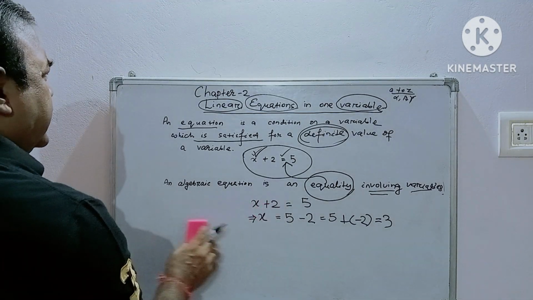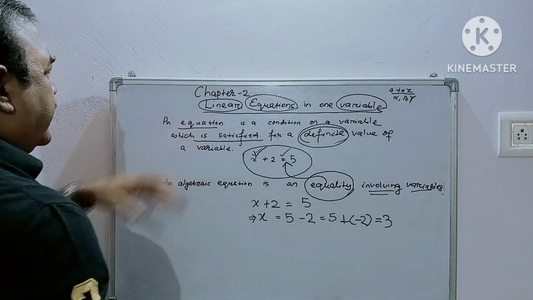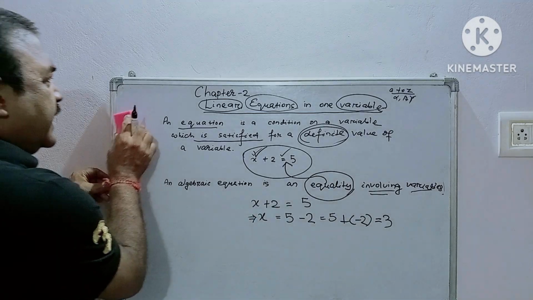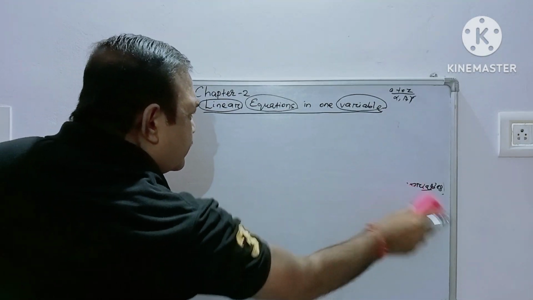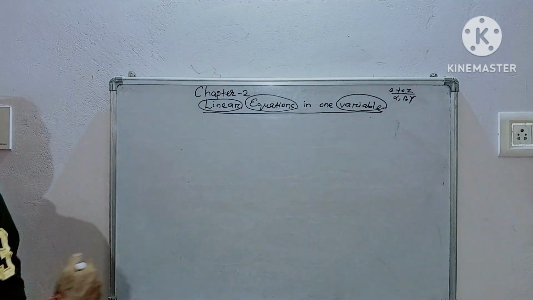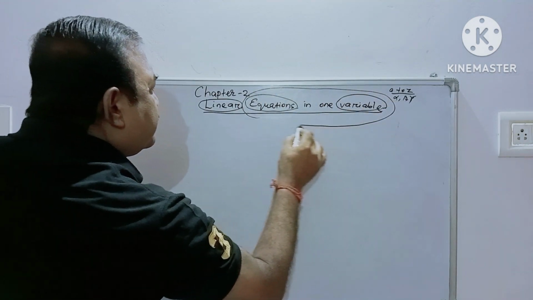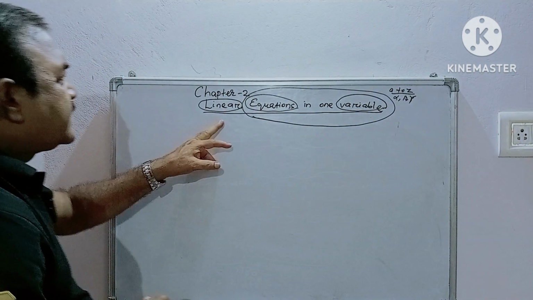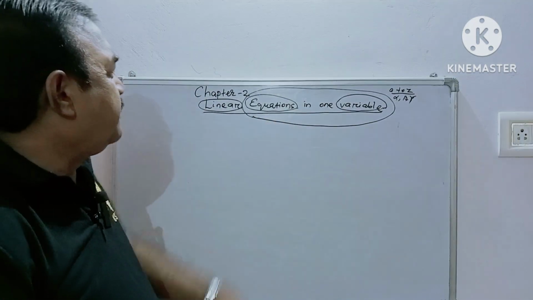So you see, before going to this, I want to discuss one thing. If you want to write it, you may write. I want to just erase it. So when we are studying equations in one variable, it is called the linear equation in one variable.